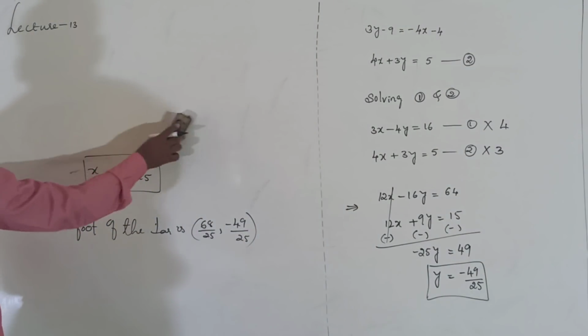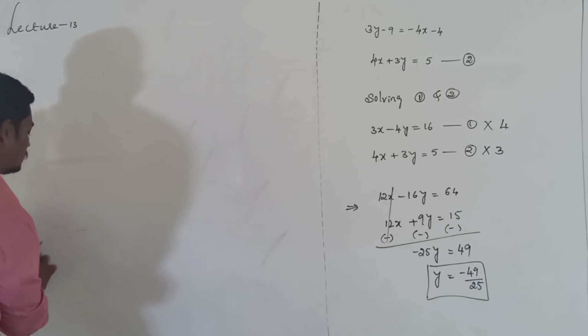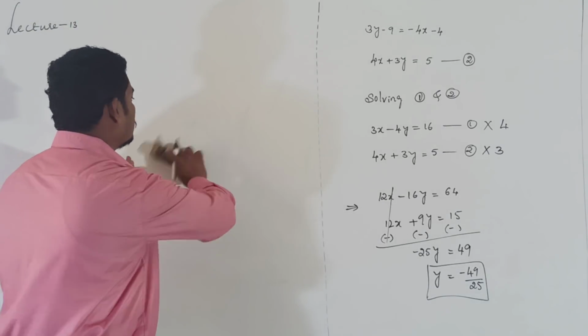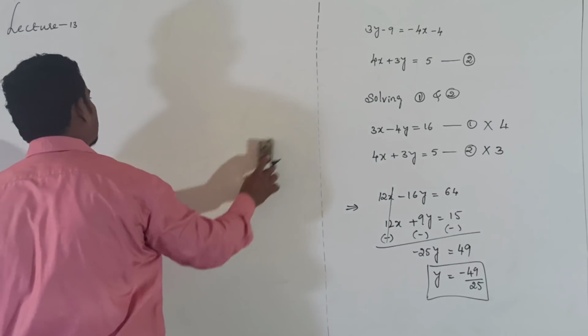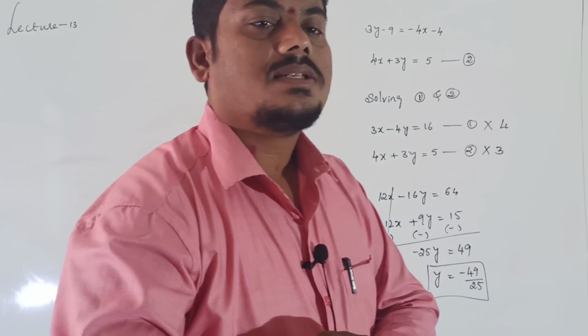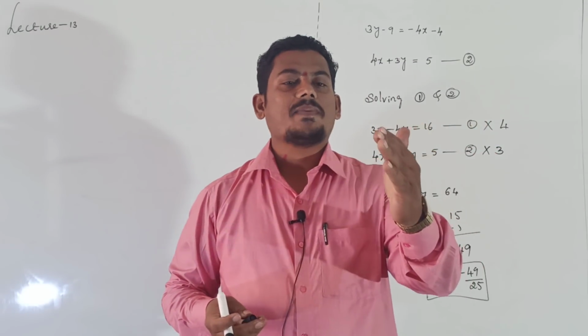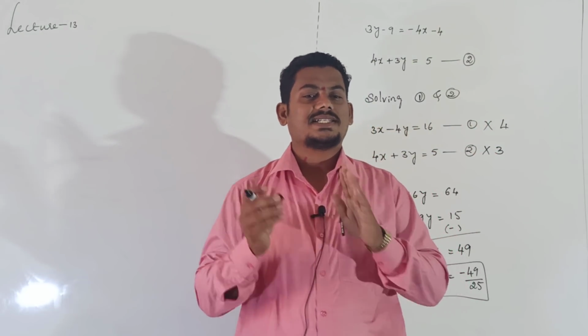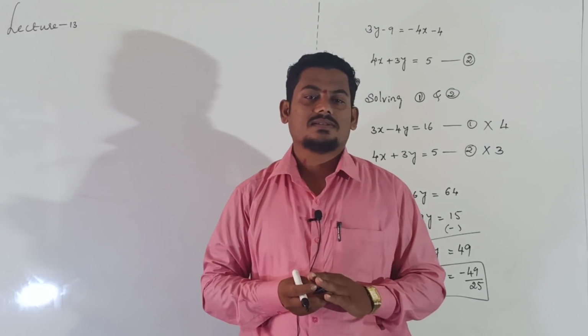Next, one derivation. Distance of a point from the line, distance between point and line.